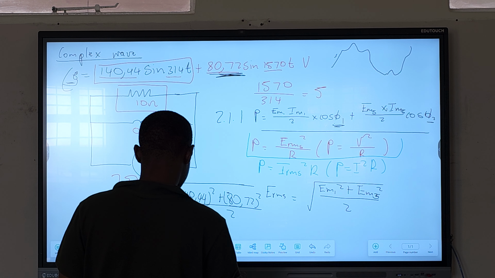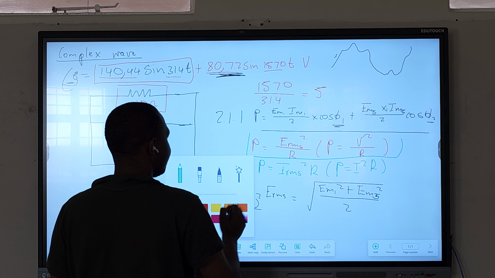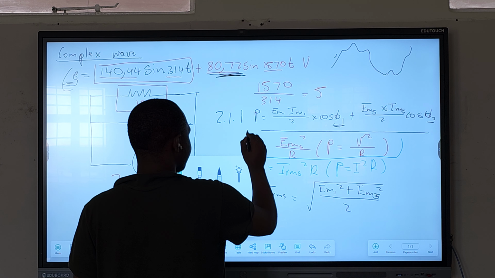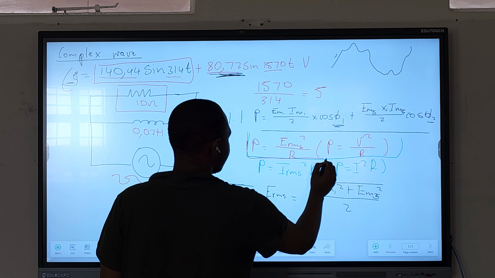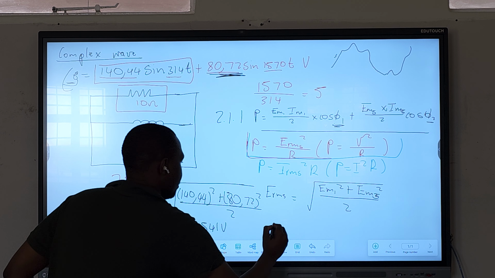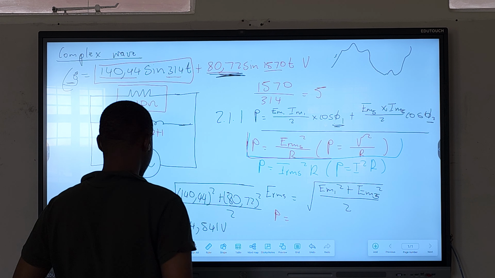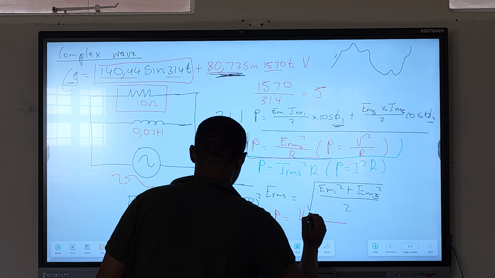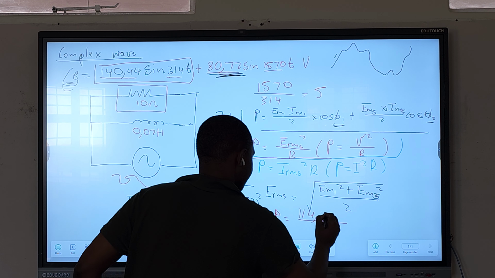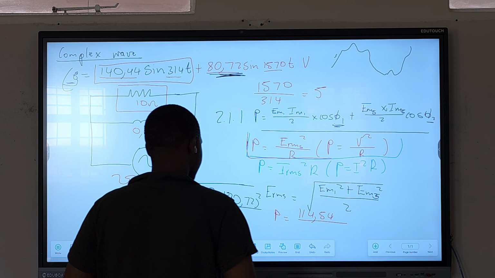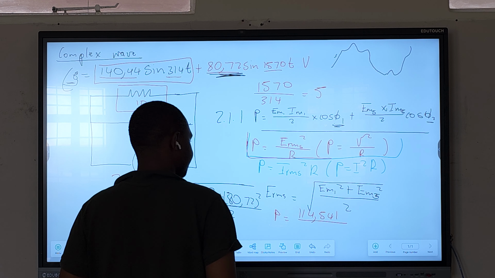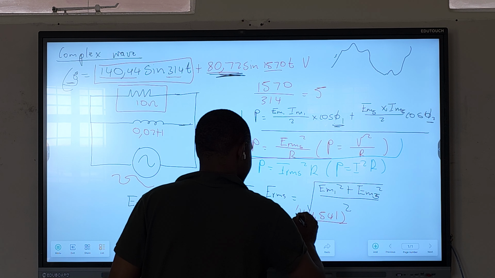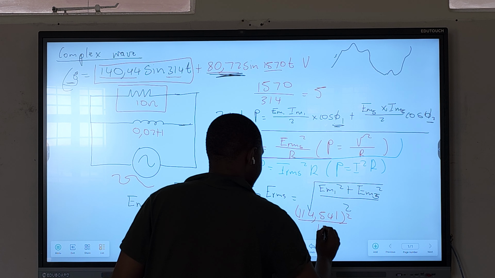So we substitute into the power formula: P is equal to E RMS, which is 114.541, then we square it and divide it by the resistance.